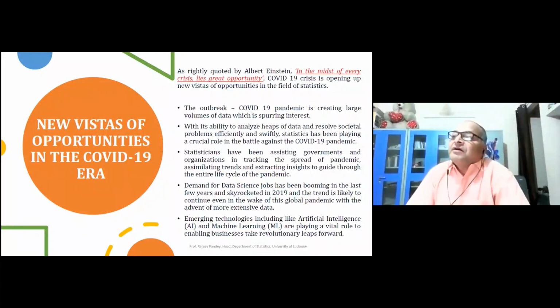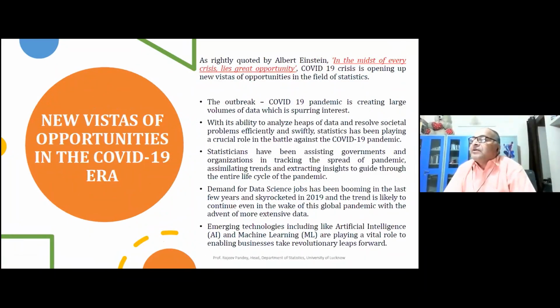The outbreak of the COVID-19 pandemic is creating large volumes of data, which is spurring interest in data science. With its ability to analyze heaps of data and resolve societal problems efficiently and swiftly, data science has been playing a crucial role in the battle against the COVID-19 pandemic.